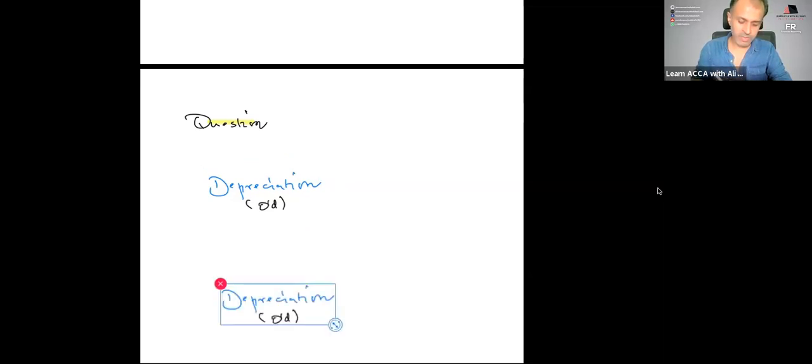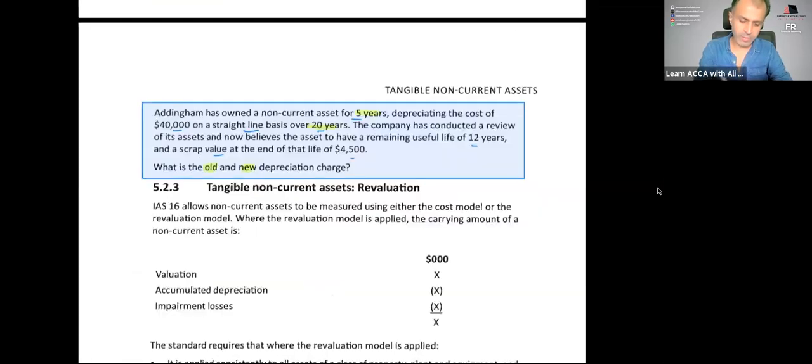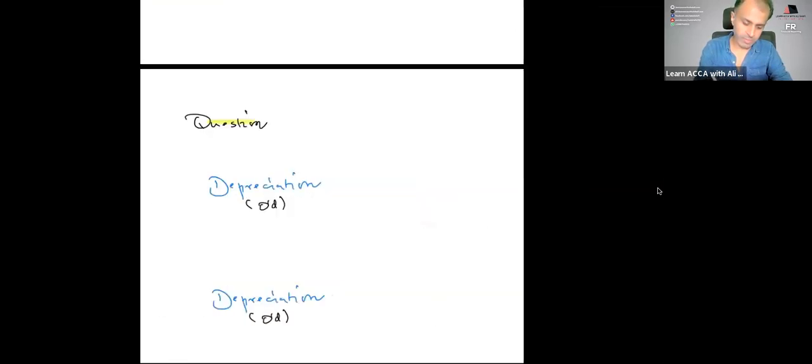The old one will be based upon historic cost. The historic cost is given as 40,000, I guess. Yeah, 40,000. The life is given as 20 years. So that is about 2,000.